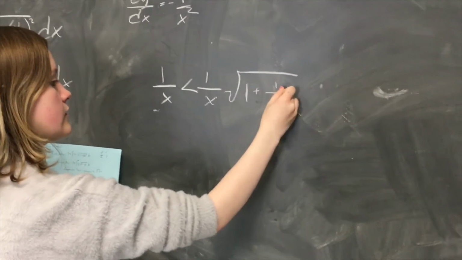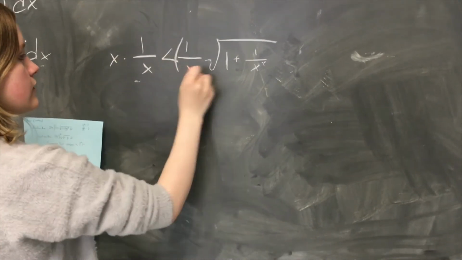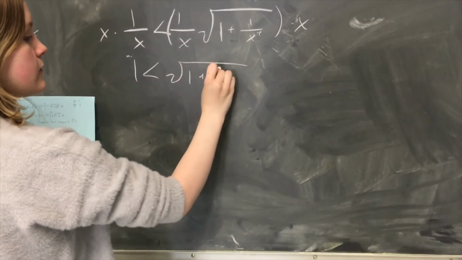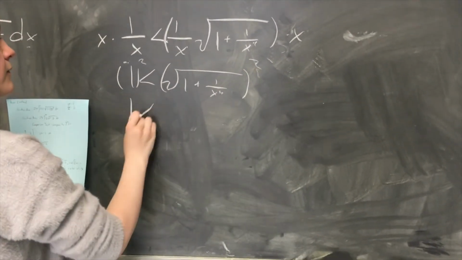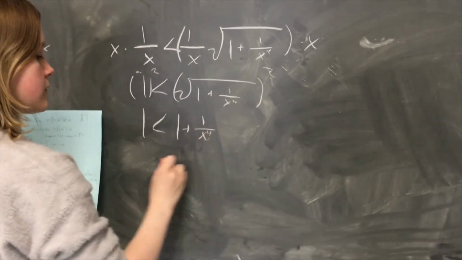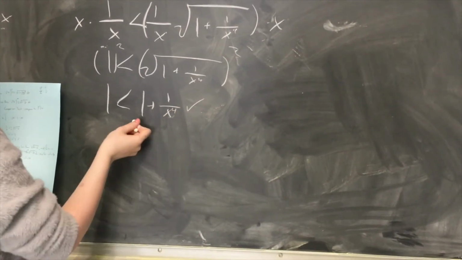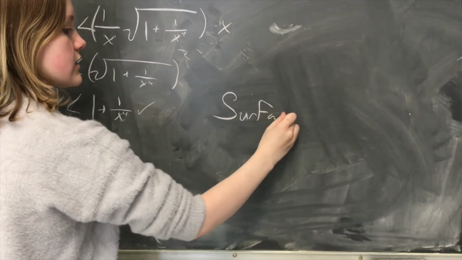To do this, we set up an inequality where 1 over x is less than 1 over x times the square root of 1 plus 1 over x to the 4th. And now we simplify by multiplying x over and then squaring. This gives us 1 is less than 1 plus 1 over x to the 4th. Since 1 over x diverges as we just proved earlier, we can conclude that the whole surface area of this function diverges.